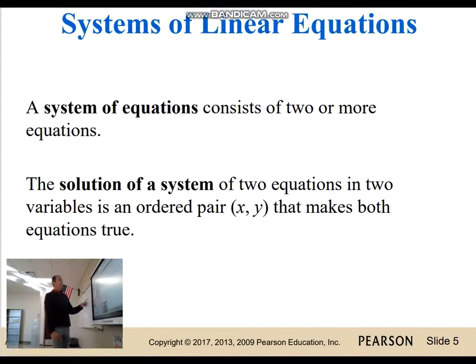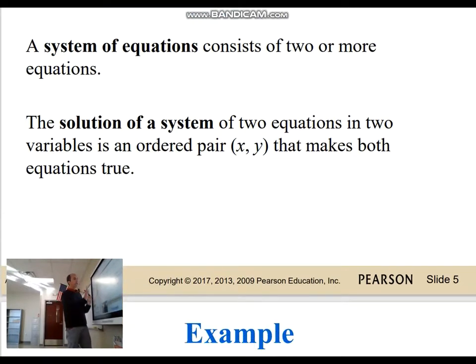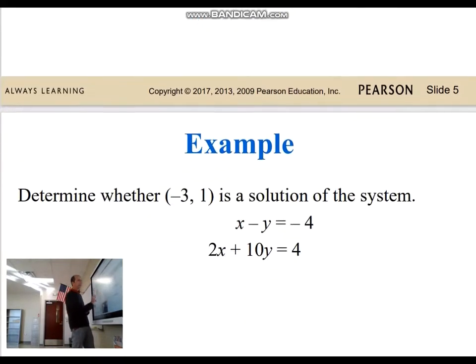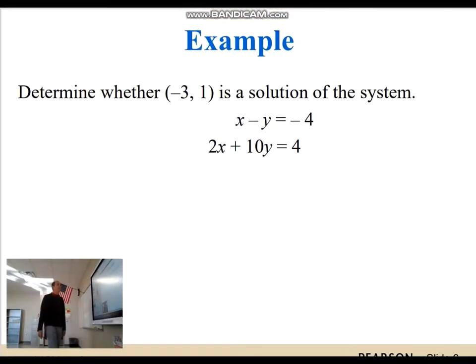A system of equations consists of two or more equations. The solution of a system of two equations in two variables is an ordered pair, x and y, that makes both equations true. And let's understand this working on an example.